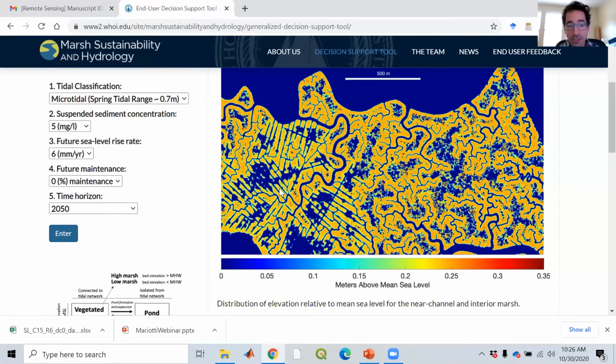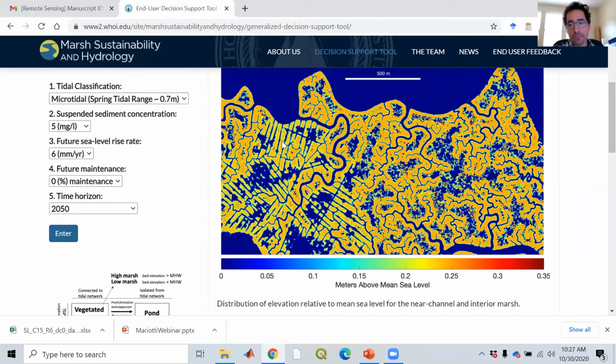And you can see the ditches are not filling in. They're actually even slightly widening. And there is that bank slumping that I mentioned. It's in there. If you focus on this part, this is the model present day, and this is 2050 with 0% maintenance. You see they're widening. So it depends. The model can predict both outcomes, and it's sediment supply mostly.